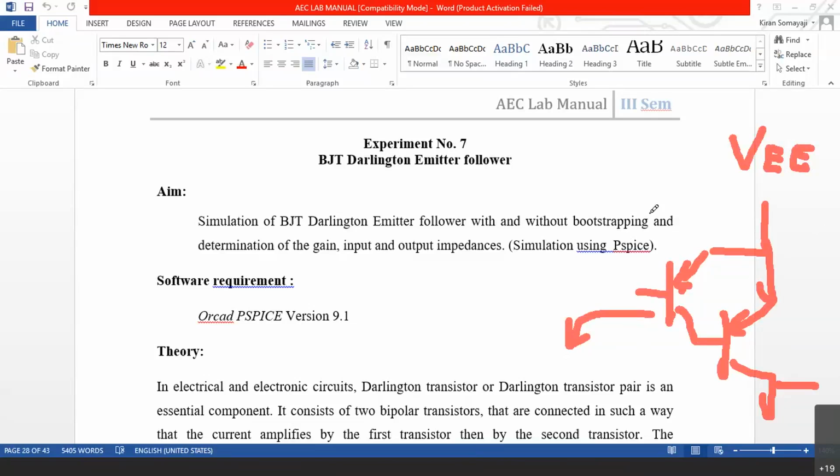So this is a Darlington configuration for PNP as well. Actually, this is not called a Darlington transistor. There is a separate name for such connections. There is one more transistor connection called the Sziklai pair. In the case of the Sziklai pair, PNP and NPN both are connected in the same fashion.